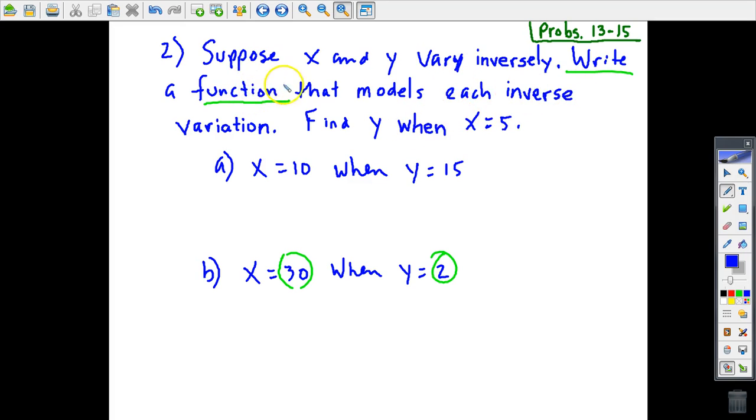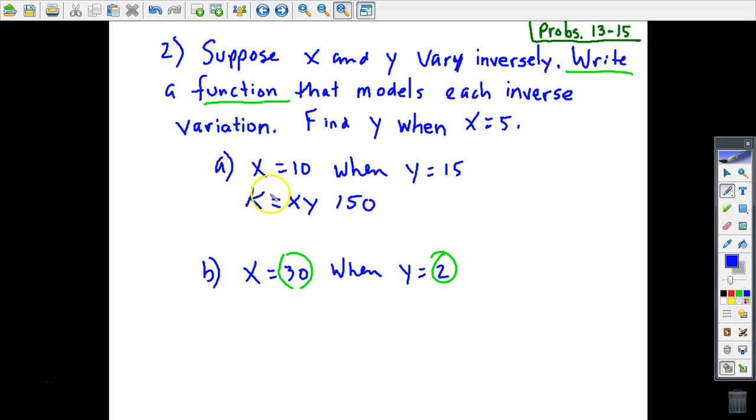First of all, we're going to do like we did on the previous example. We're going to write the function that models this inverse variation. So remember, that means finding out what the constant of inverse variation is. And to find that constant, we just multiply x times y. So in this case, 10 times 15 is 150.